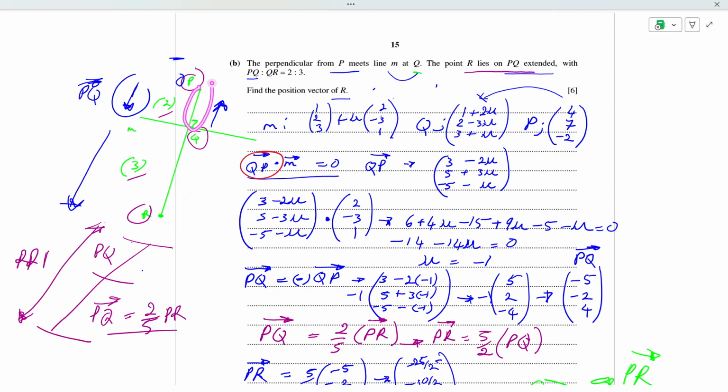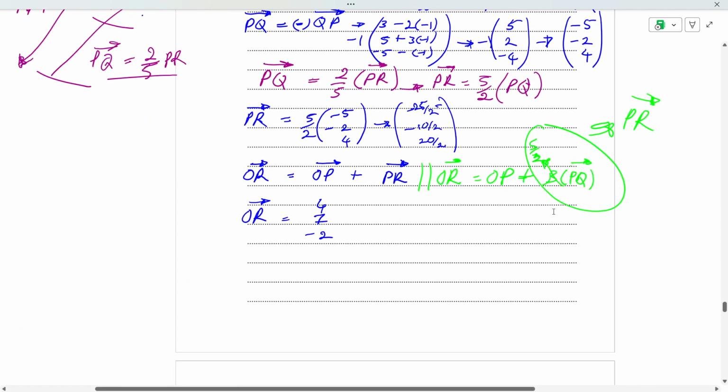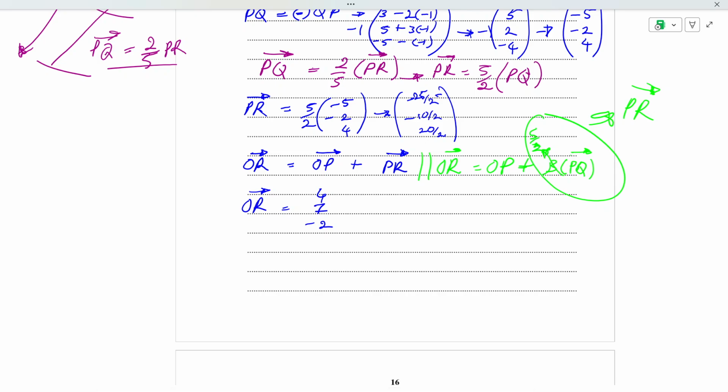So we could use PQ as the direction, and then the factor to get to R would be 5/2. So we would add from P: P plus the factor 5/2 multiplied by the direction PQ. Then we would get to OR. That makes sense. All right, so that's what we are doing here.